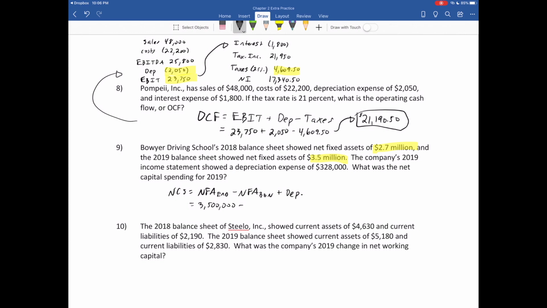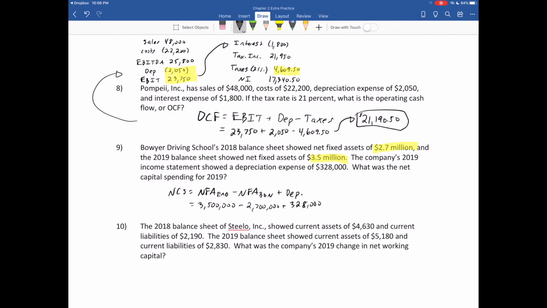So obviously you can see that they did spend some on their fixed assets over this time period. So we add back in depreciation there of $328,000. Sorry, I shouldn't say is it all depreciation.